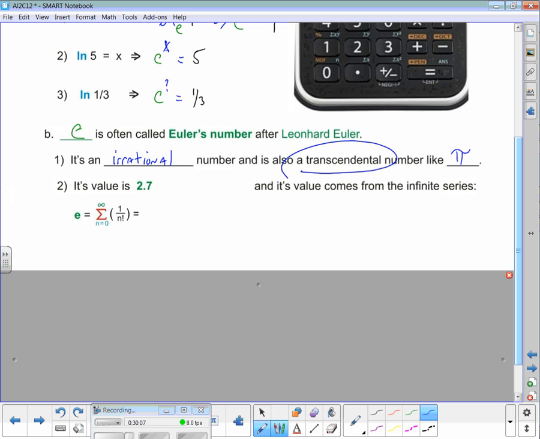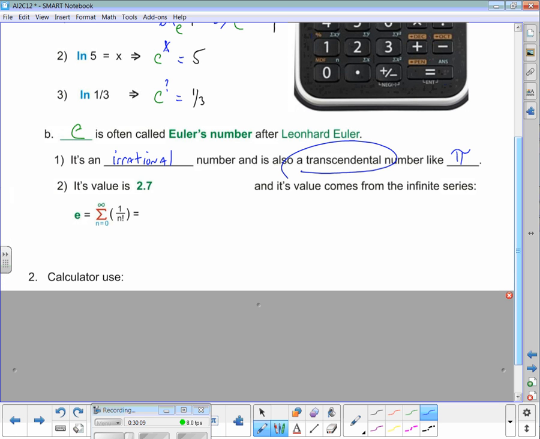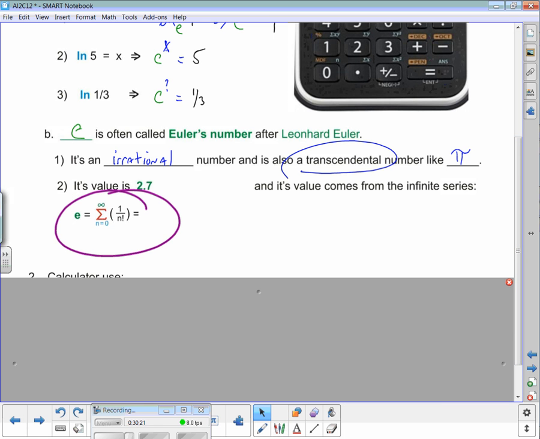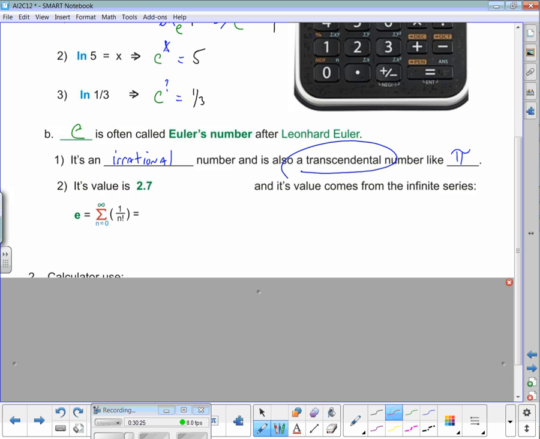Okay, what is the value of E? We're going to stick it up there in a minute. The closest concept of E is what's listed right here. So does anybody remember what this red symbol looking thing means?